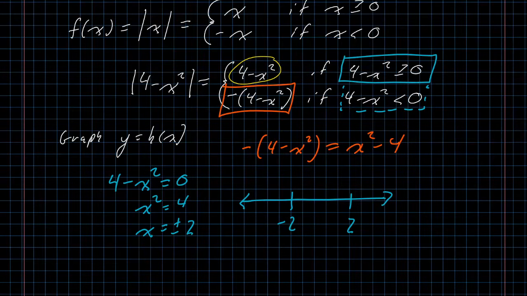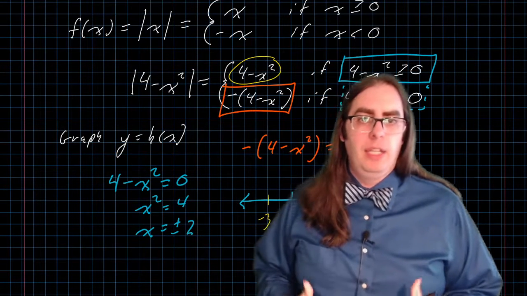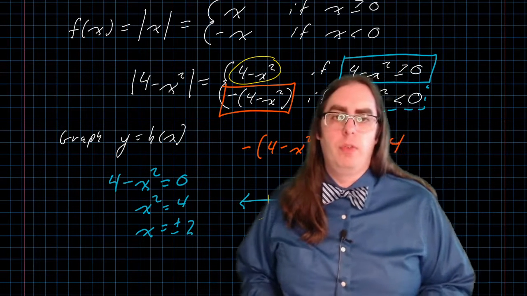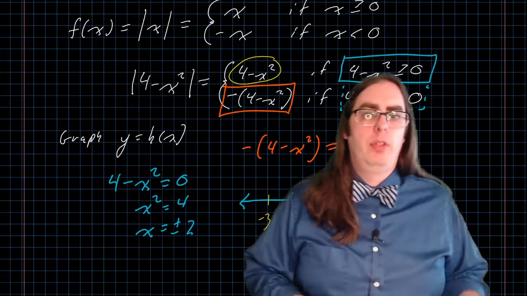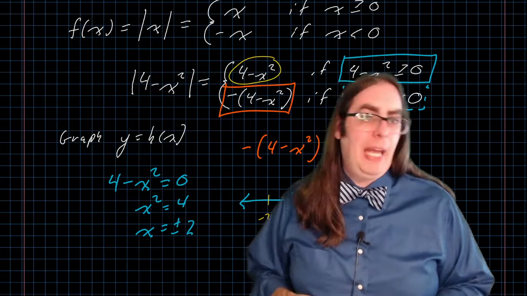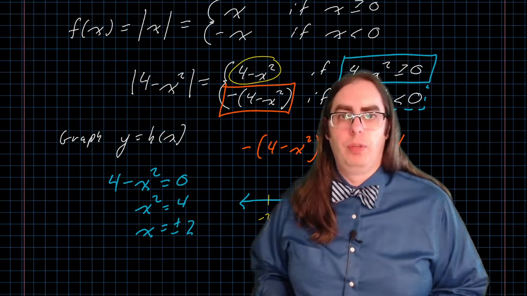Then pick some values in between. The theory here is that the only way to go from being less than 0 to greater than 0, or from greater than 0 to less than 0, is to pass through being equal to 0.